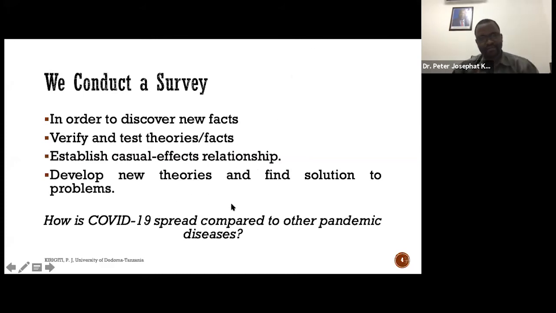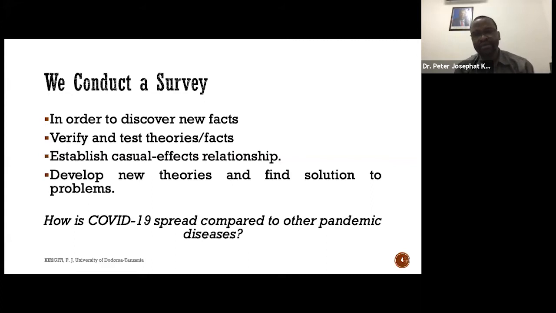For instance, we might be interested in comparing the current world problem, COVID-19, against other pandemic diseases. This is a new disease, and there is a lot of information we need to understand about COVID-19. How are we going to know or solve those kinds of problems?